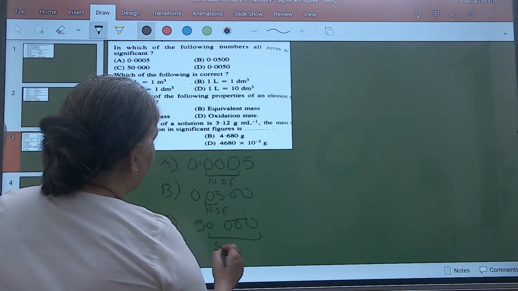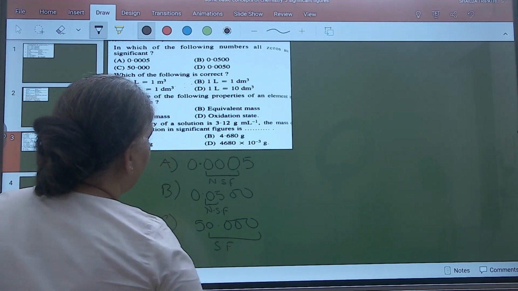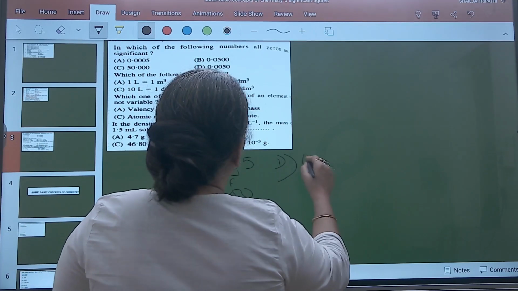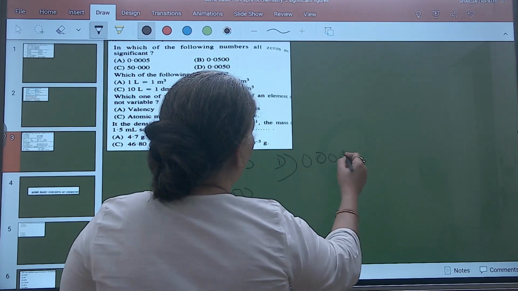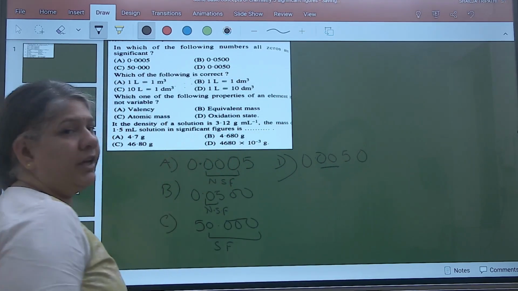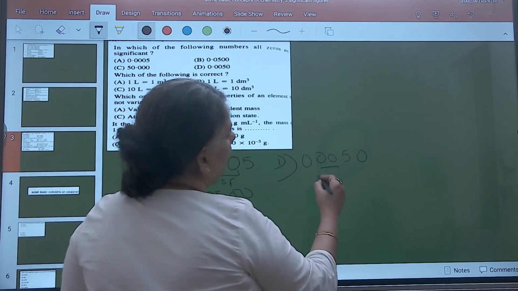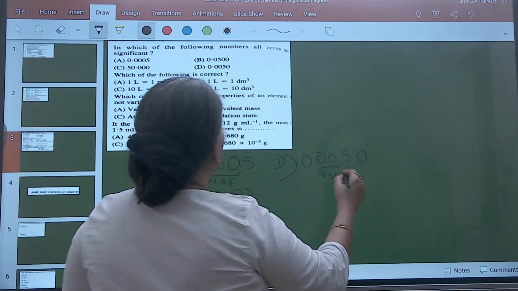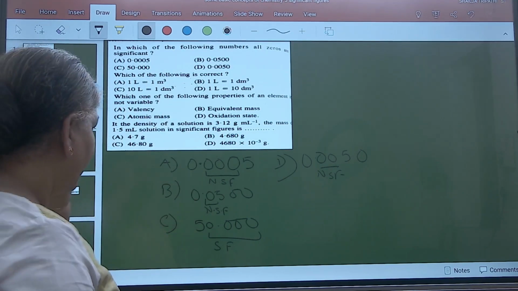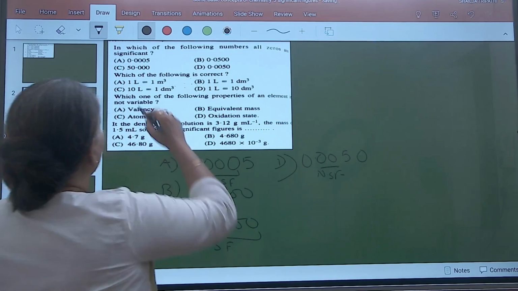So here all the zeros are significant figures. Again in option D, 0.0050. So zeros preceding this 5 are not significant. So in which of the following number all zeros are significant? So option C is correct.